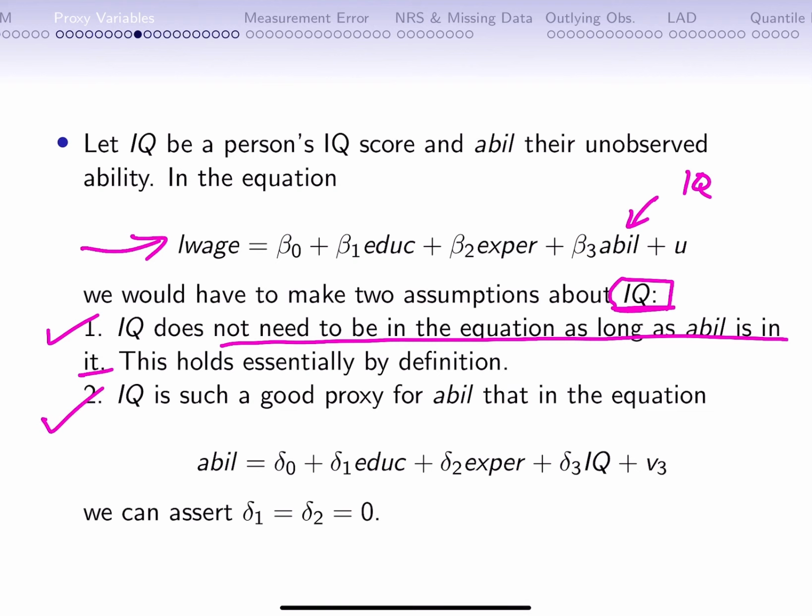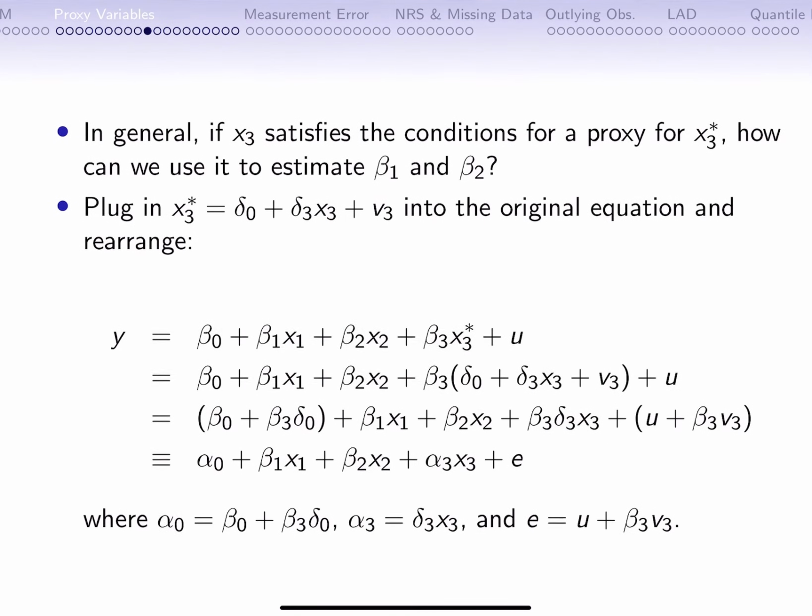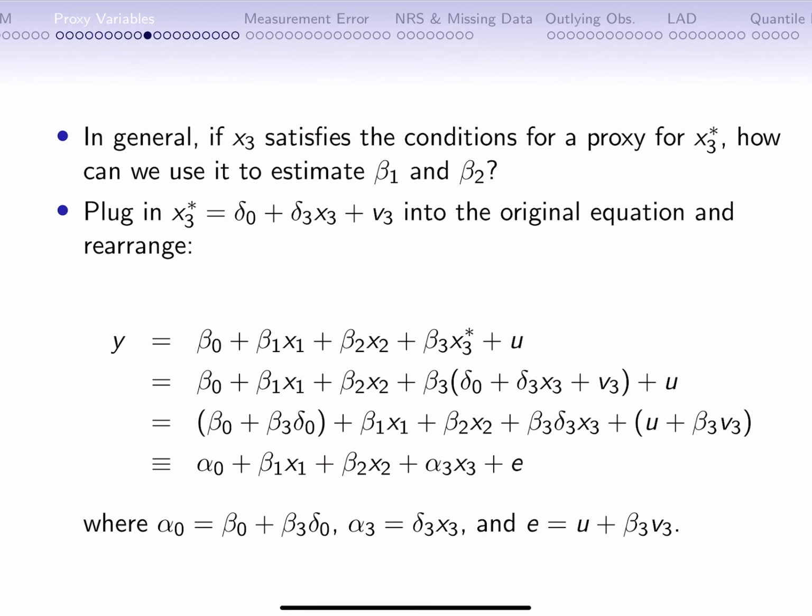And the second thing is we're only going to incorporate IQ, which is a good proxy for ability, when we can assert that delta 1 and delta 2 are 0. That means education and experience do not affect ability. So if these conditions are satisfied, typically we can use x3 as a proxy for x3 star, or we can use IQ as a proxy for ability and use it to estimate beta 1 and beta 2. So let's see how we can do that.